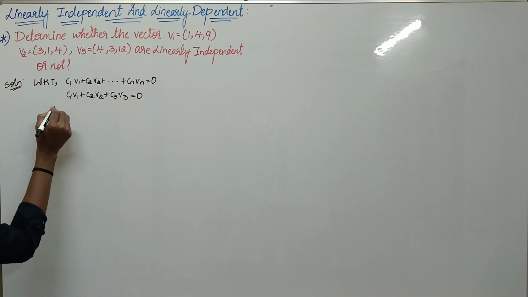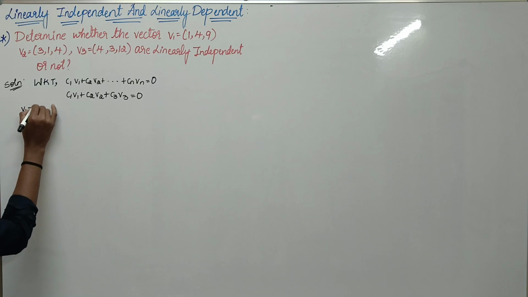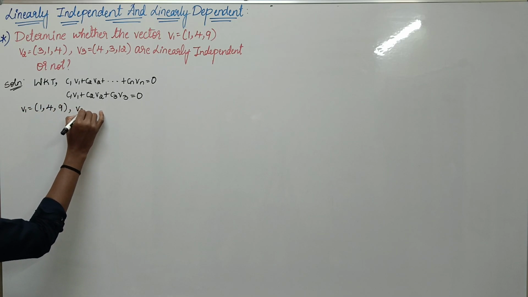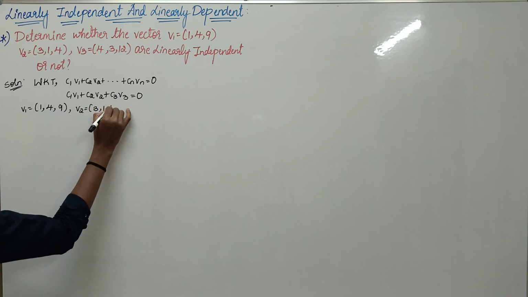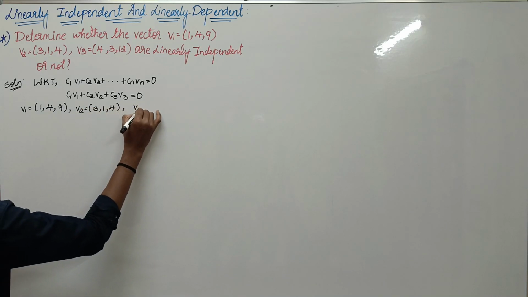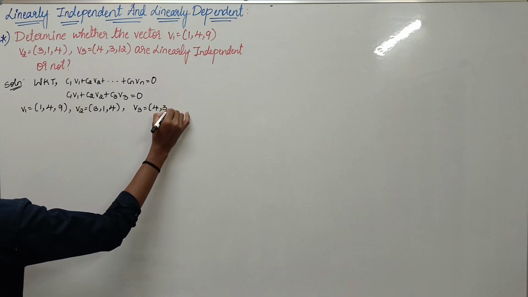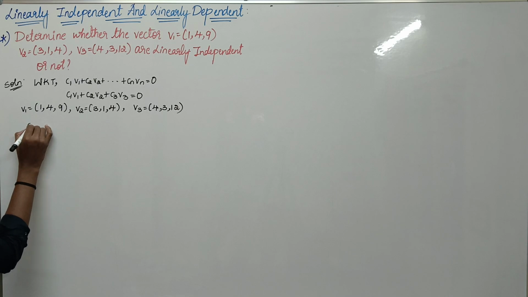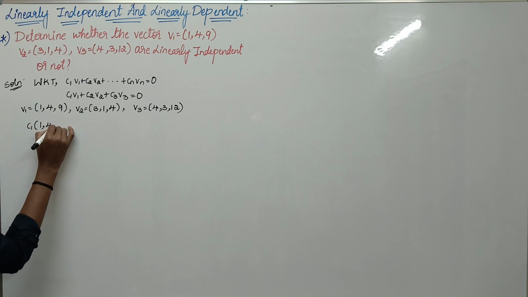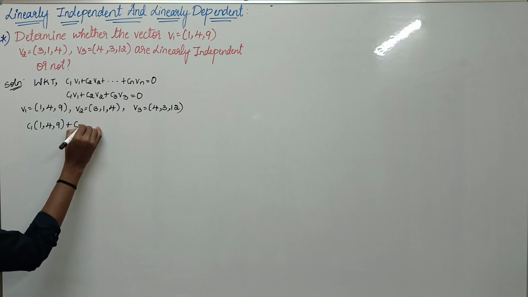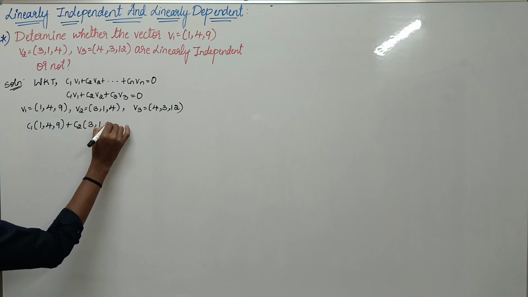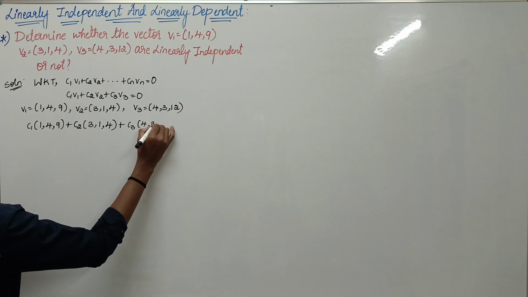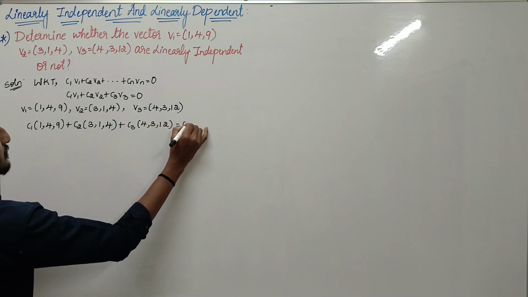Now let us represent the vectors: v1 equals 1 4 9, v2 equals 3 1 4, and v3 equals 4 3 12. Now multiply with the scalars: c1 into 1 4 9 plus c2 into 3 1 4 plus c3 into 4 3 12, which is equal to 0.